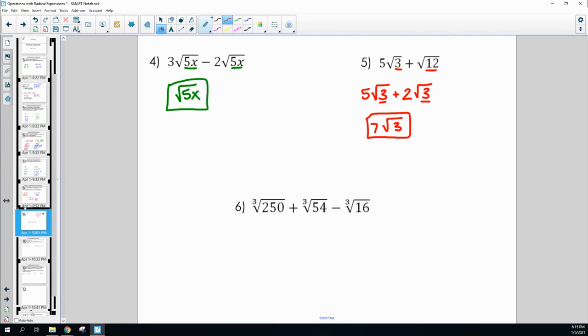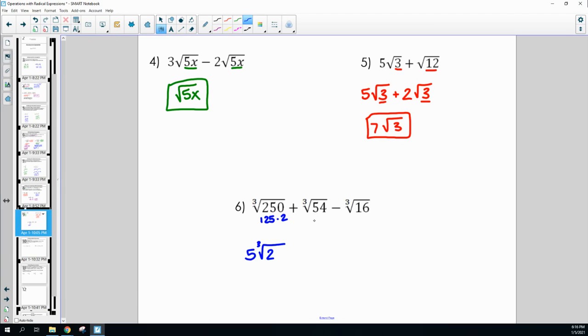Okay, and then for number 6, here we have cube roots. So the cubed root of 250, so that's going to be 125 times 2. So 125 is a perfect cube, that's 5. So we're going to rewrite that as 5 cubed root of 2. Because if you notice, they all have 3's as the index, but all of their radicands are different, so we want to break them down.